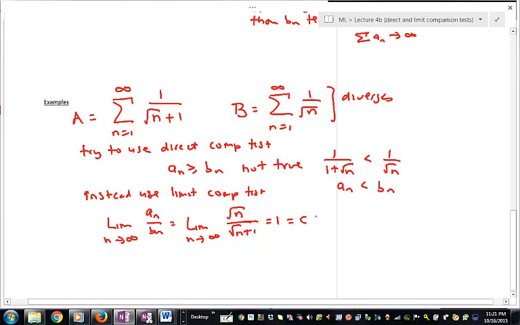So this is equal to our c, which is greater than 0. And so by part A, since B diverges, the A series has to diverge. Okay.